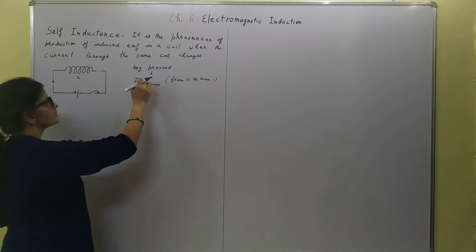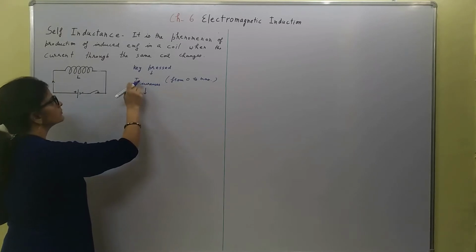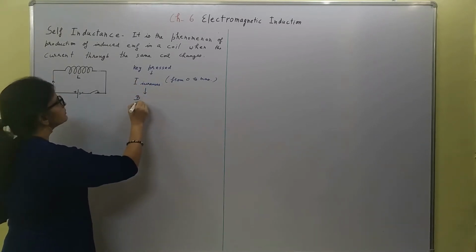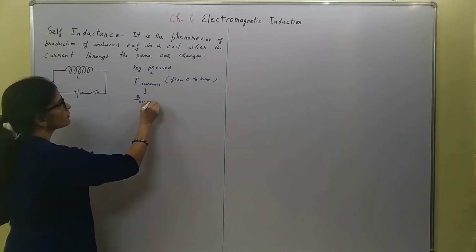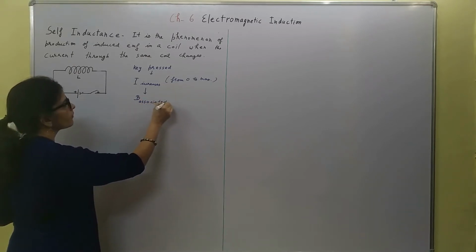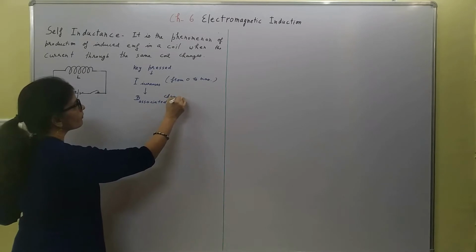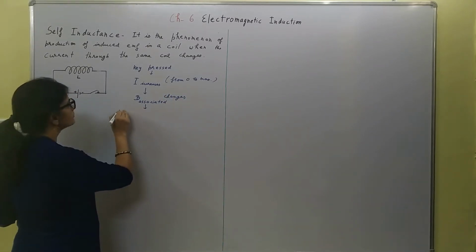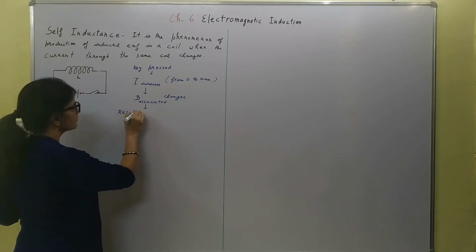Current increases means what happens? The magnetic field associated with it changes. Right? This results in change in flux through the same coil.